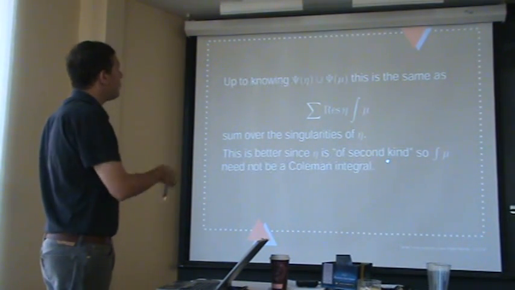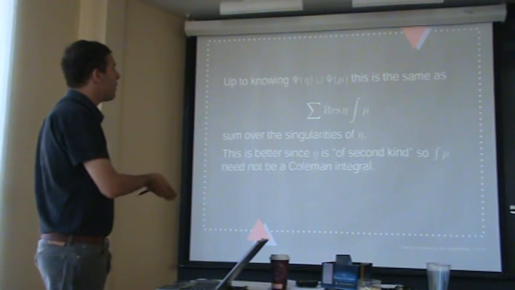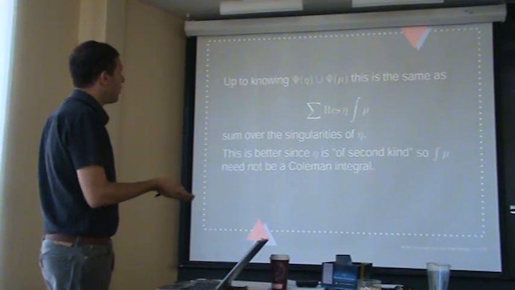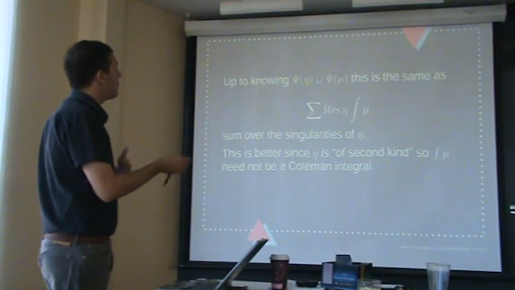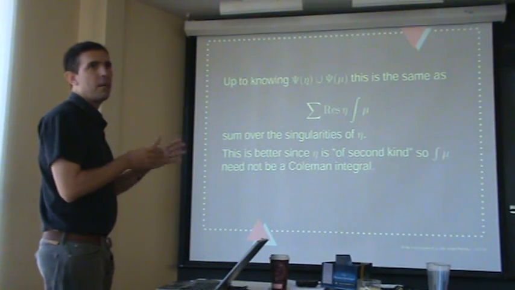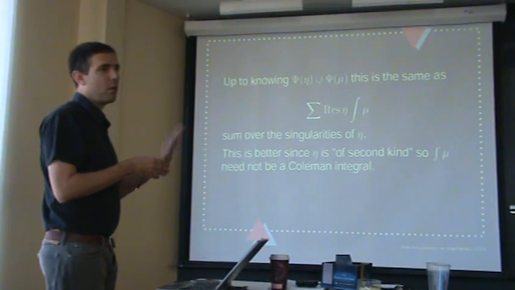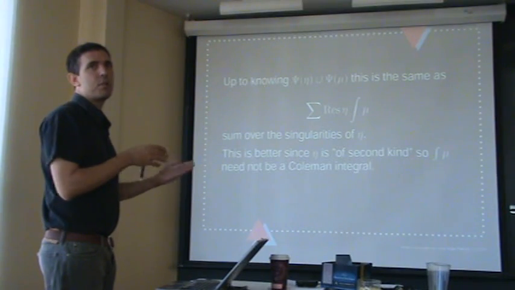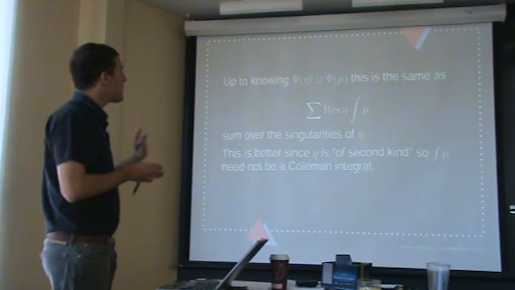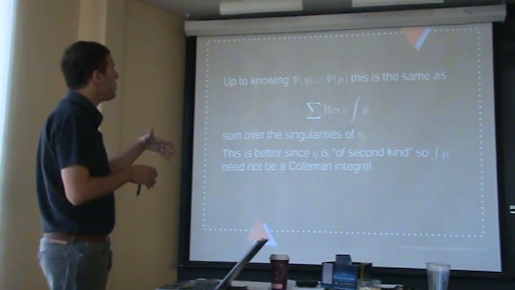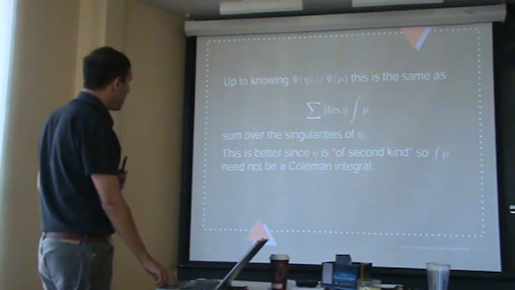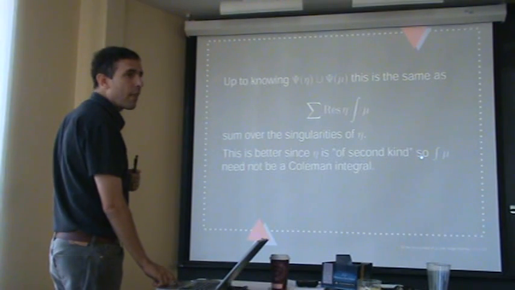You do many manipulations, but in the end you break down this problem by playing around with various forms, and all of the time they have singularities which are not residually Weierstrass, so you cannot do a common integral for them. But if you play around with this sufficiently, you end up with something where you don't have to do a common integral, just a local integral. And somehow this is okay even though "of the second kind" is in quotes.